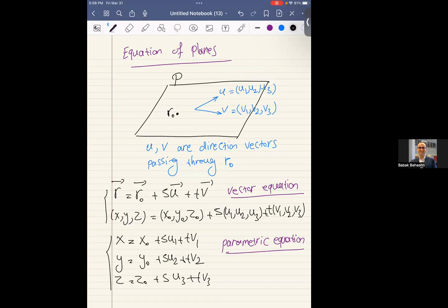Here, S and T are real numbers, two parameters. So in order to write the equation of a plane, you need two direction vectors and one point.